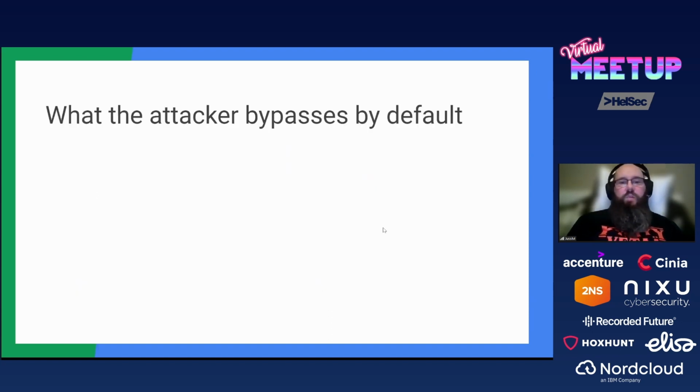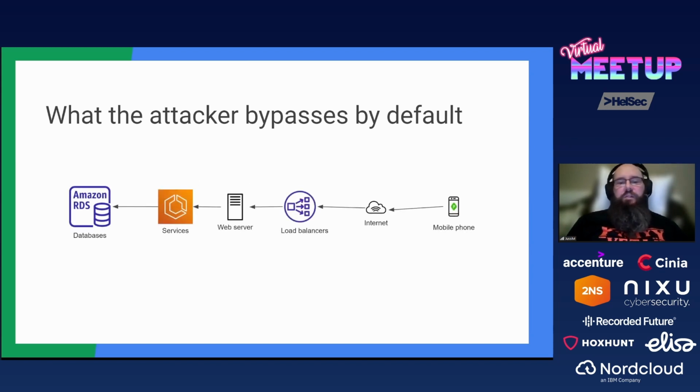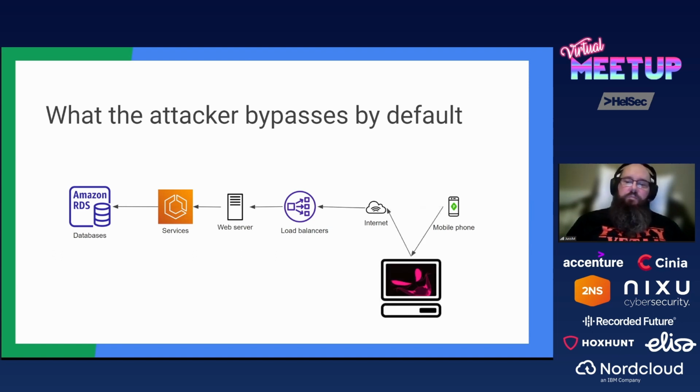On mobile applications, one of the biggest pitfalls is that it's not necessarily understood what the attacker bypasses by default. So we have this connection I overviewed, and if someone wants to attack your backend, he's right away bypassing the application itself.